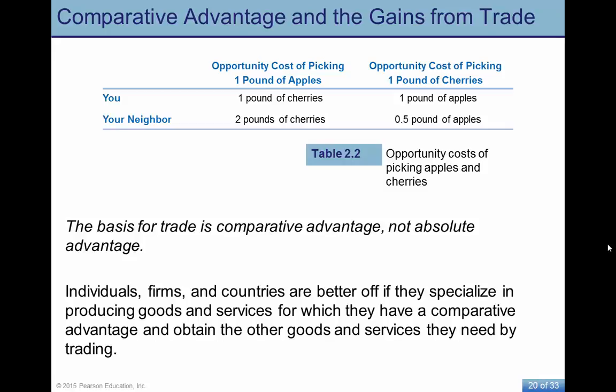Individuals, firms, and countries are better off if they specialize in producing goods and services for which they have a comparative advantage and obtain the other goods and services they need by trading.